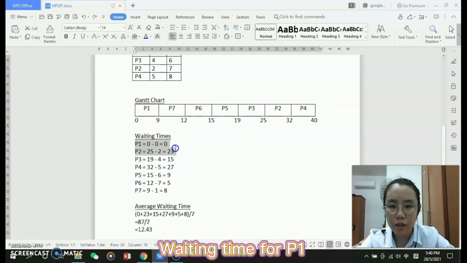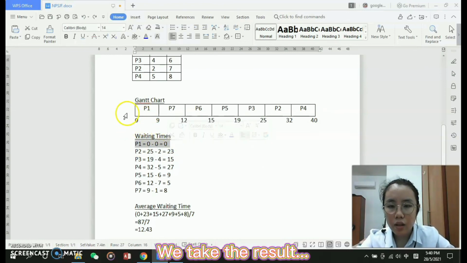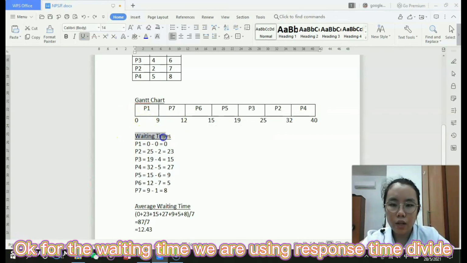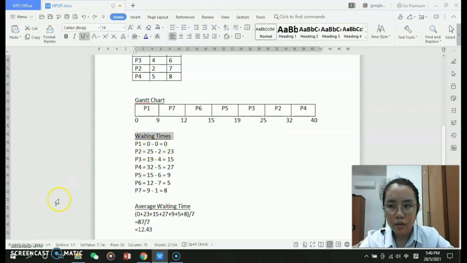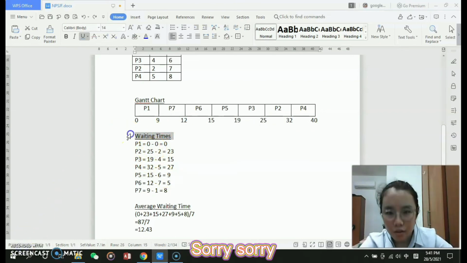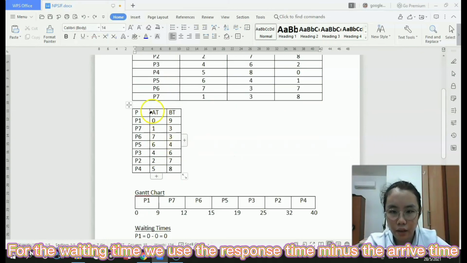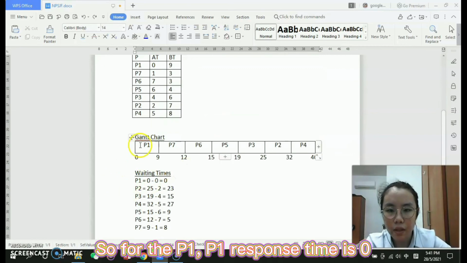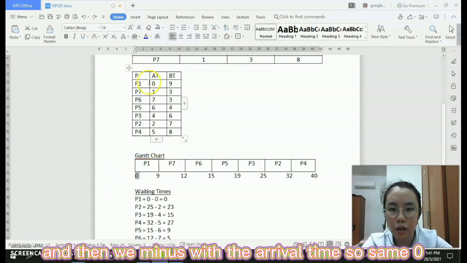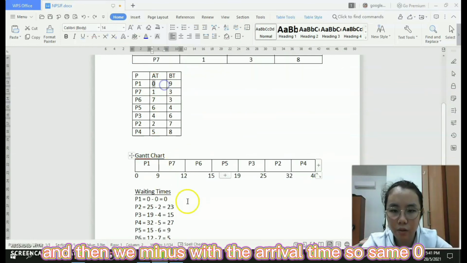For the waiting time, we use the response time minus the arrival time. For P1, the response time is 0 minus the arrival time 0, so we get 0.